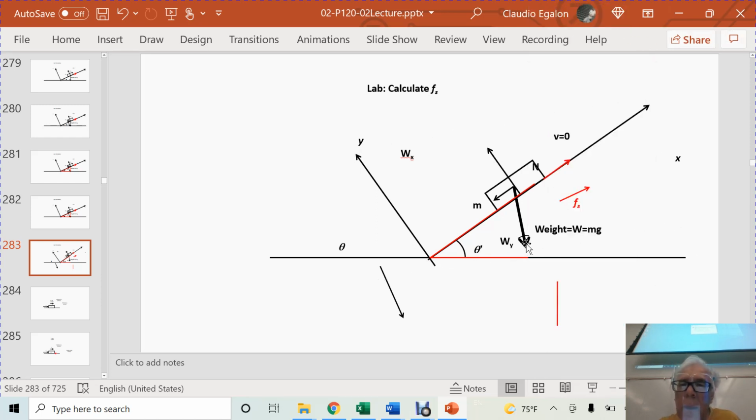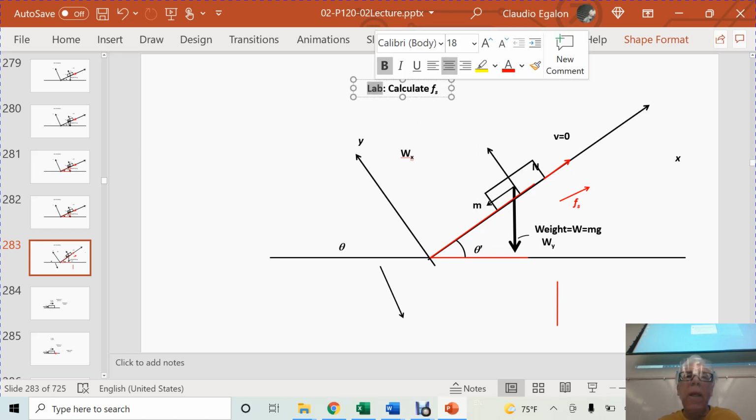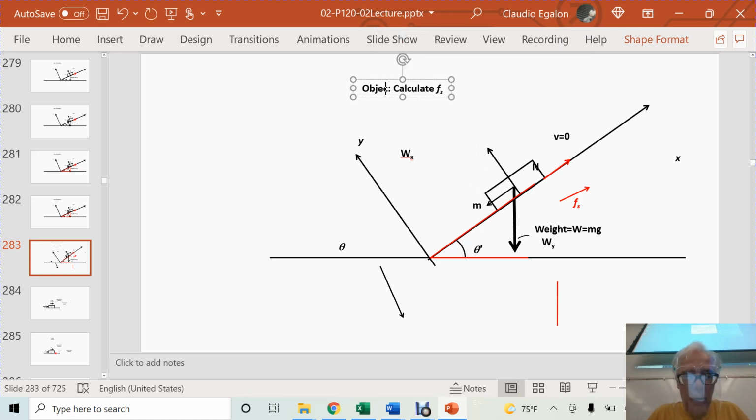Good. Now I can put my weight downwards. That's who's gonna be my W sub X component now. W sub X component increased because of the angle. Okay. Object on the verge of motion.